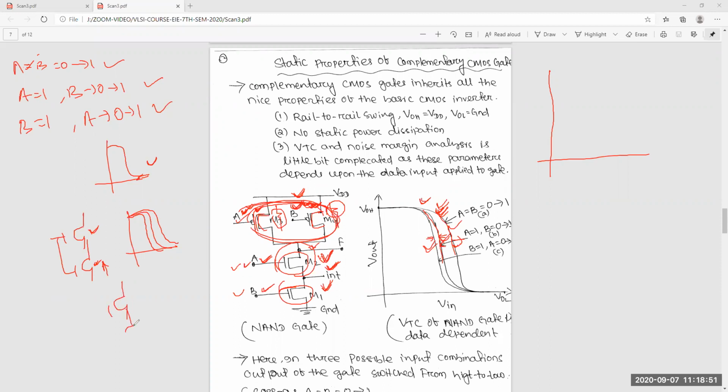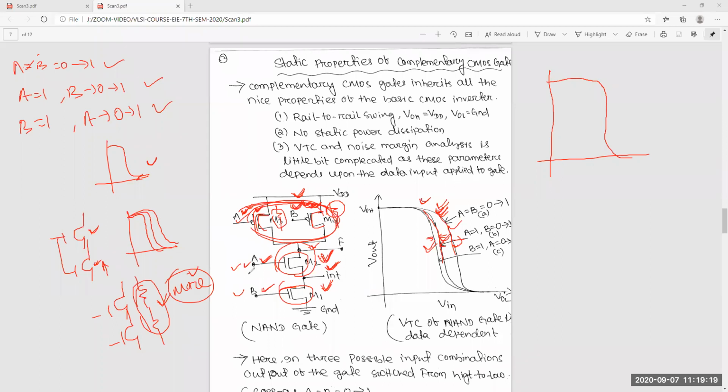Both are in series. If both resistors are in series, then total resistance will be more. Yes or no? Yes, sir. Then strength also decreases. So either PMOS strength increases or NMOS strength decreases, so that's why the curve will shift right side.